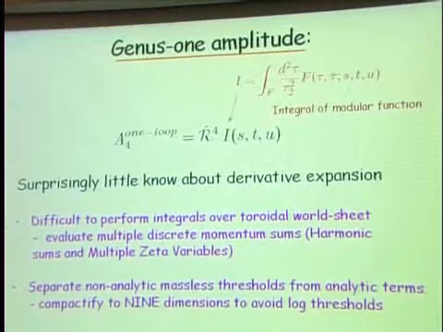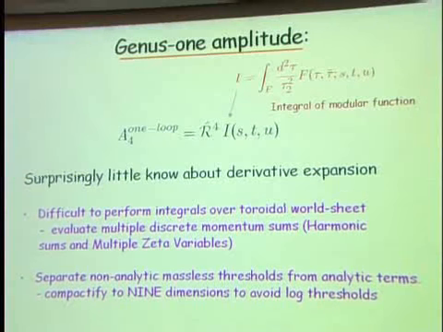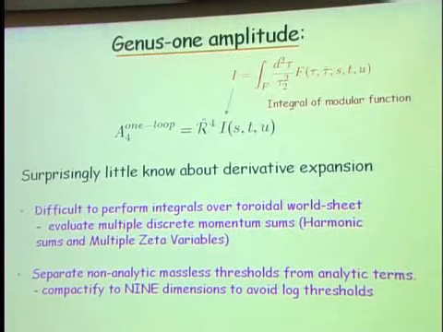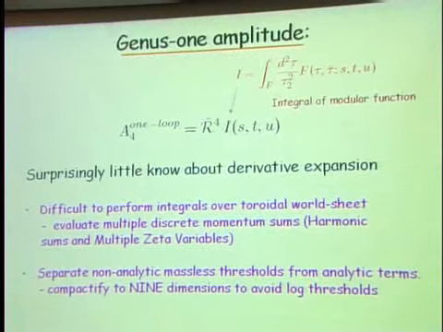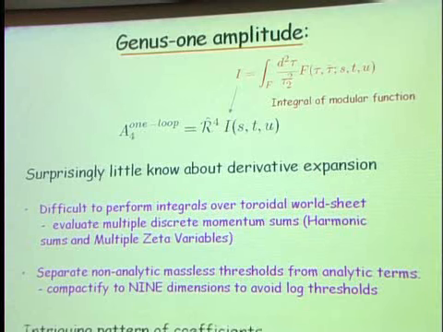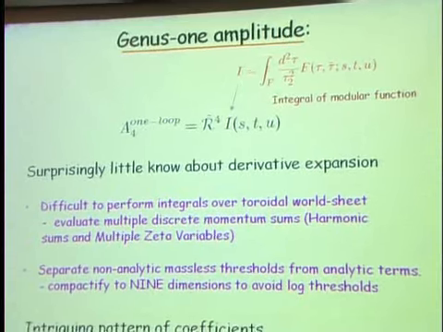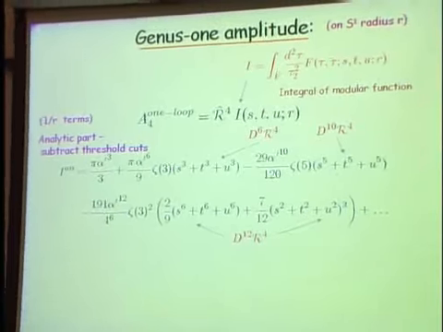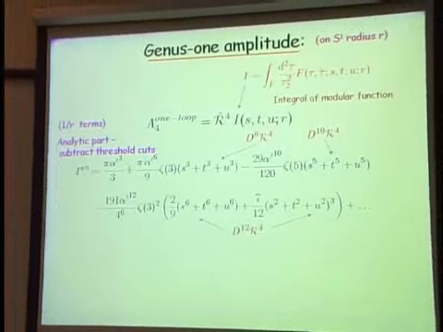And then there's added complication. You start to get threshold terms, which are difficult to separate from the analytic terms in 10 dimensions. And in fact, what we've done is looked in 9 dimensions by compactifying down a circle, and then you find a large number of coefficients because you can get different powers of the radius r. So these are some of the coefficients.